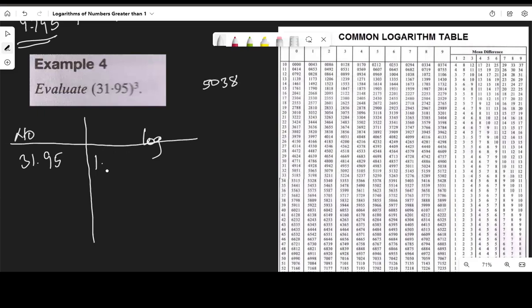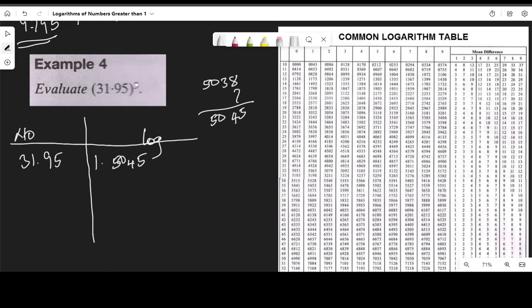Then difference of 5. Difference of 5 is 7. Add the 7 there. That is 15. Carry 1. 1 plus this is 4. So we have 5045.